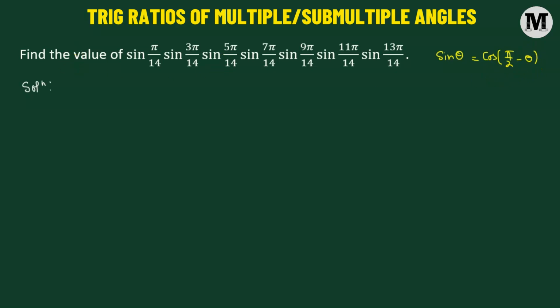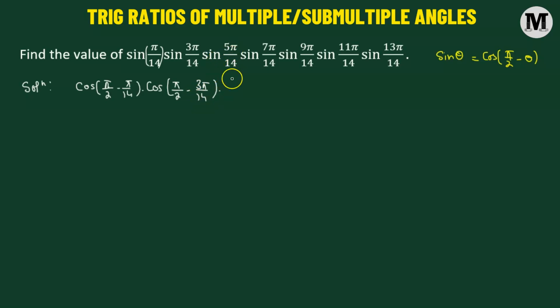So what we'll do here, we will take the first one, sine of pi over 14, but instead we will rewrite it as cosine of pi over 2 minus this particular angle, which is pi over 14. We will do this with the rest of the sine functions as well. So we will consider sine of 3 pi over 14, but we will rewrite it as cosine of pi over 2 minus 3 pi over 14.